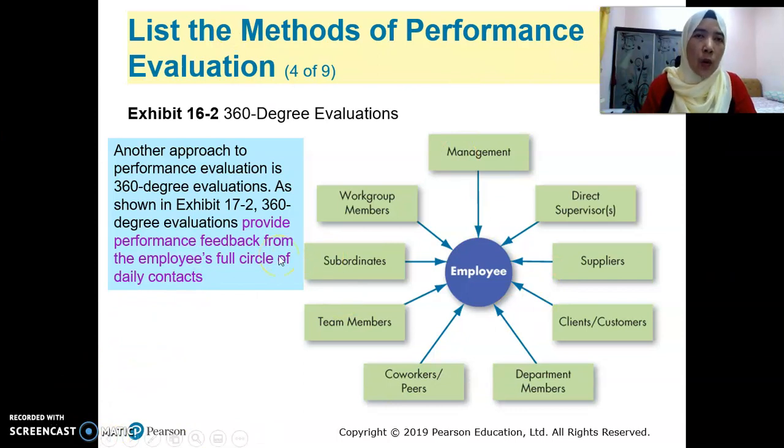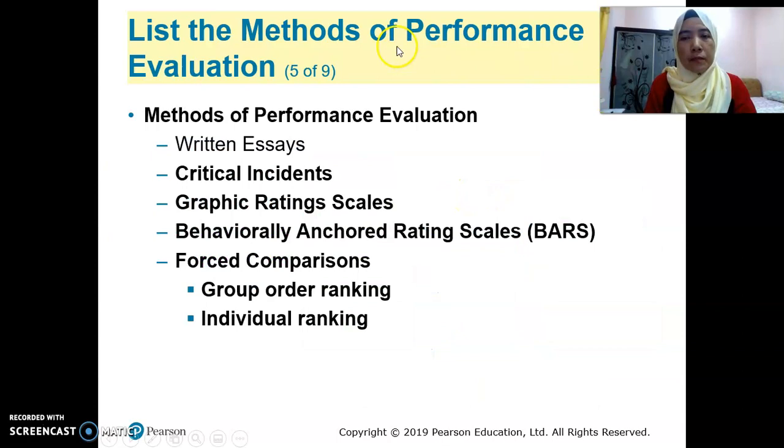I think it's more fair, and it receives more information because it asks all those around the employee. If only managers provide the evaluations, then maybe this manager is affected by bias or other unfair behaviors. So 360 is more effective and more fair in terms of evaluations.